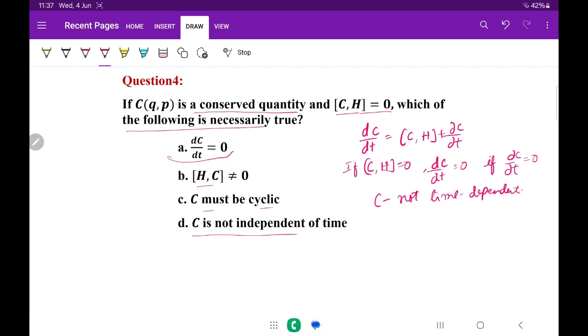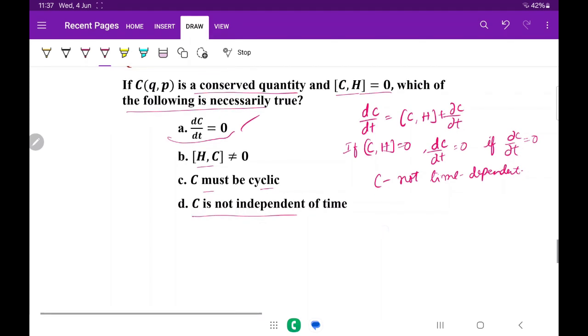So option A is correct. If you observe option B, H comma C is equal to minus C comma H, which is 0 by antisymmetry. So this is false. What about option C?